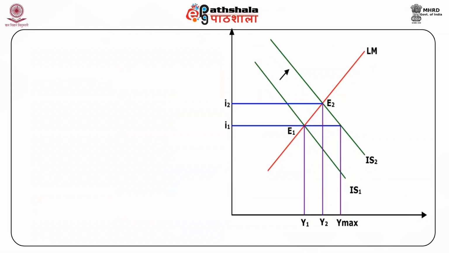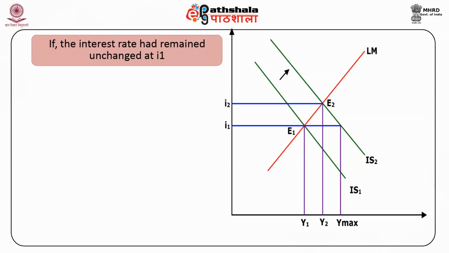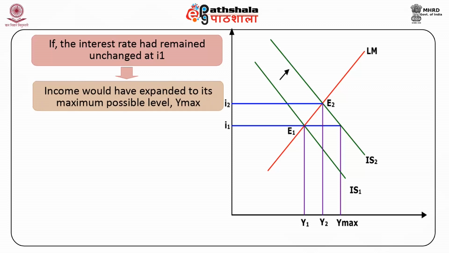In the figure, note if the interest rate had remained unchanged at I1 after the shift in IS from IS1 to IS2, then income would have expanded to its maximum possible level Y max.